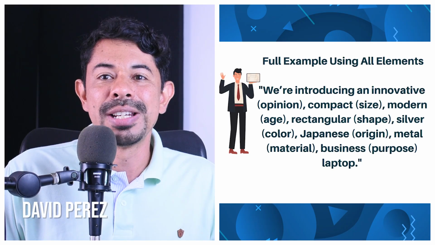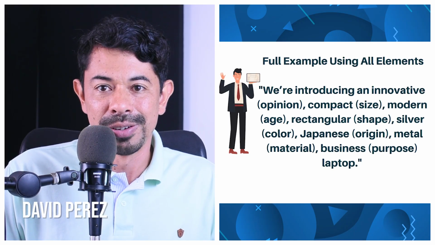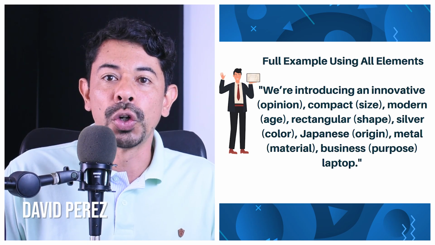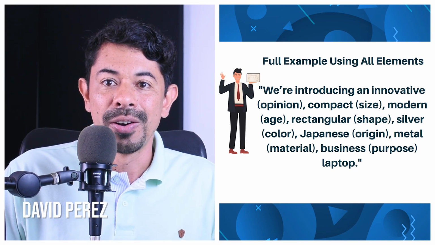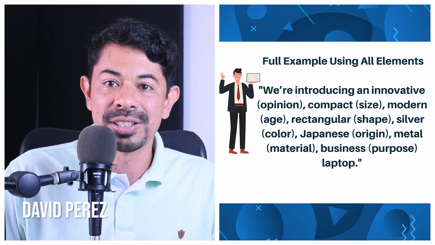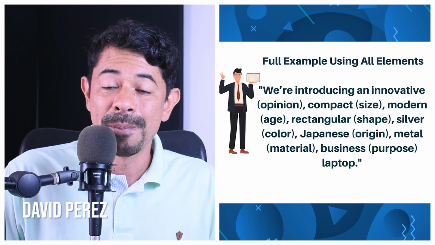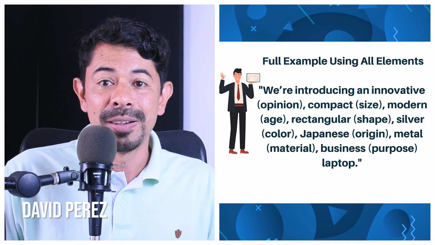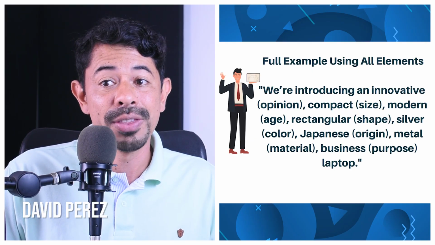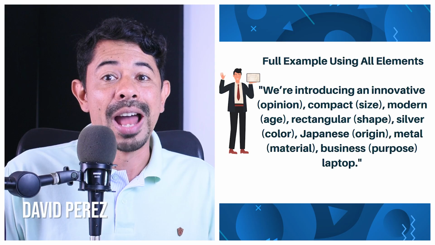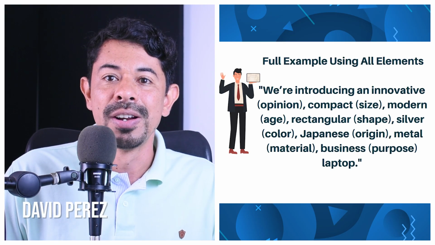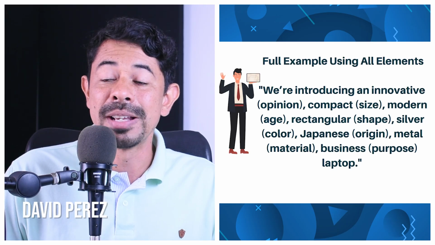We are introducing an innovative, that's opinion, compact, that's size, modern, that's age, rectangular, that's shape, silver, that's color, Japanese, that's origin, metal, that's material, business, that's the purpose, and then the noun laptop. An innovative, compact, modern, rectangular, silver, Japanese, metal, business laptop.